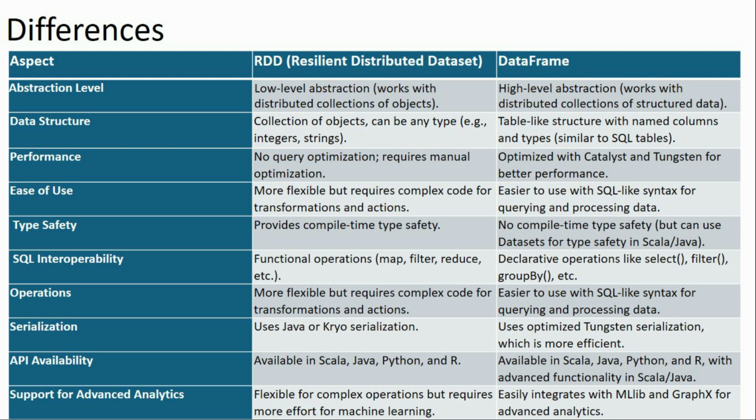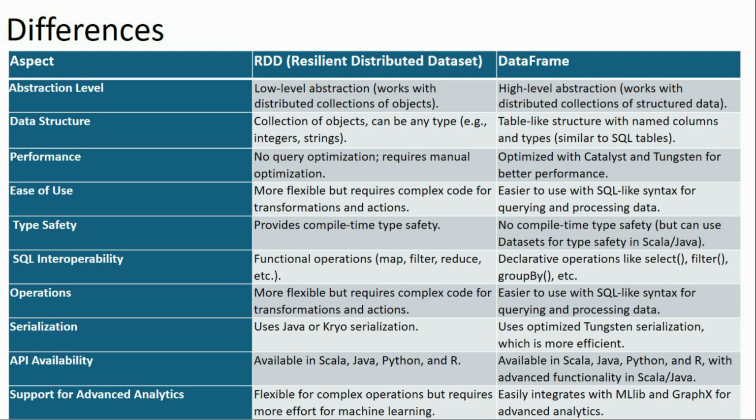On the other hand, data frames are a higher-level abstraction built on top of RDDs. They represent structured data in a distributed format and provide a more user-friendly interface for working with that data. While RDDs offer more control and flexibility, data frames simplify many tasks, such as handling structured data and running SQL queries.